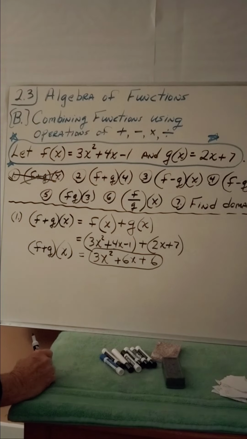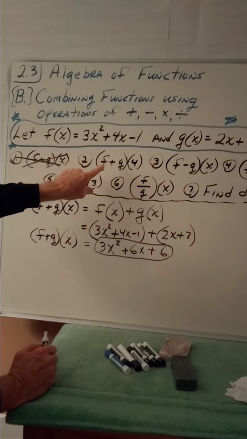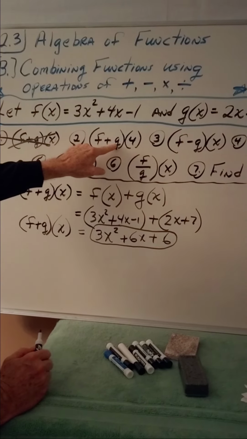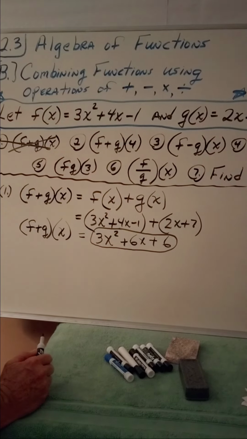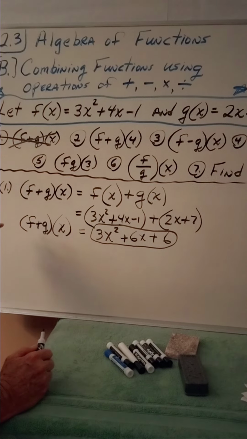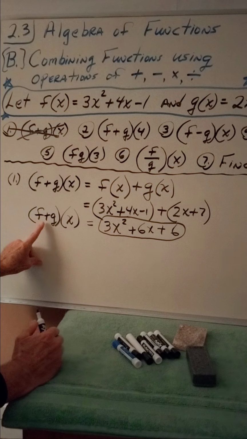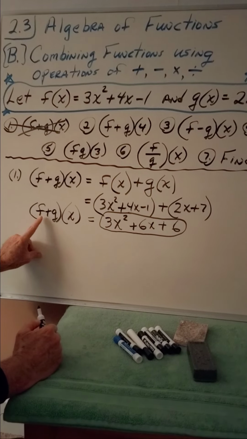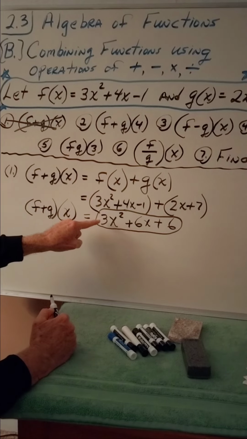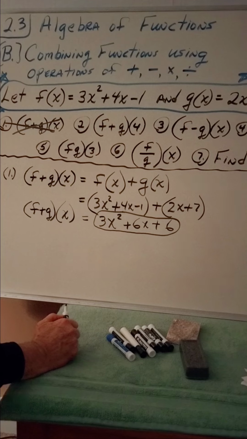Now we go to number 2. And they're asking us to find the value of function f plus function g when the domain is 4. Well, that's going to be a very easy task to do because we just got finished right here finding the value of f plus g when the domain was x, and that turned out to give us this answer, this range value.